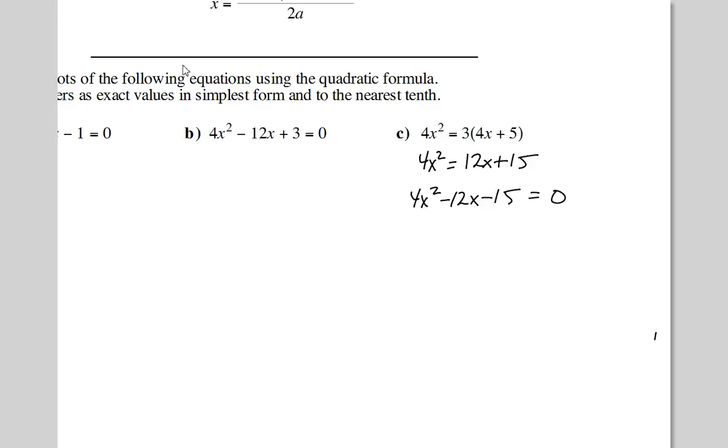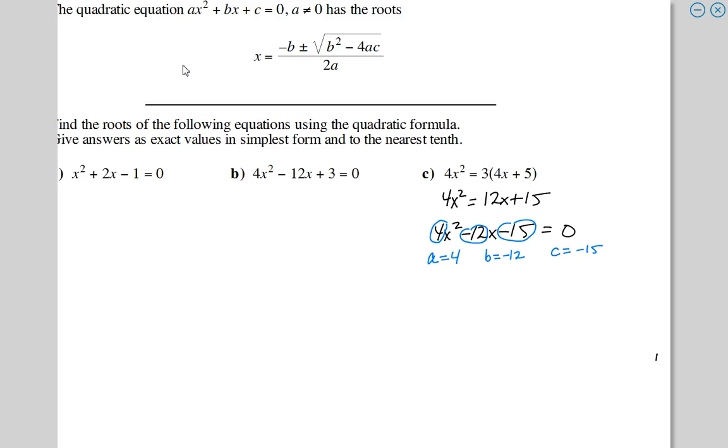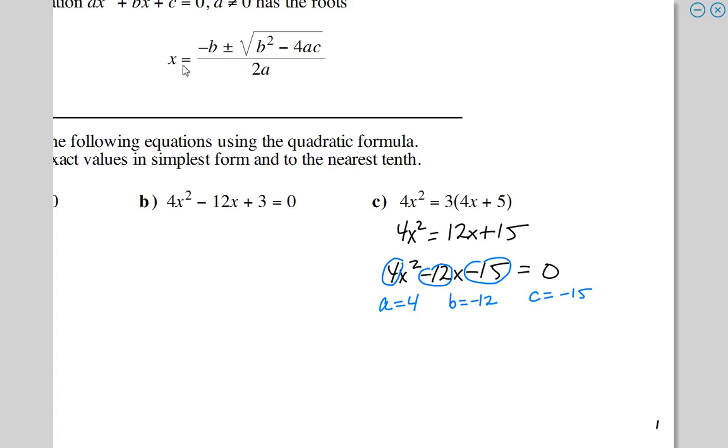And even using color, you can see that the A is 4, the B is minus 12, and the C is minus 15. Now using the formula at the top of your screen, we got to go negative B value.